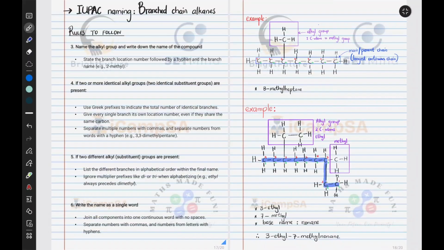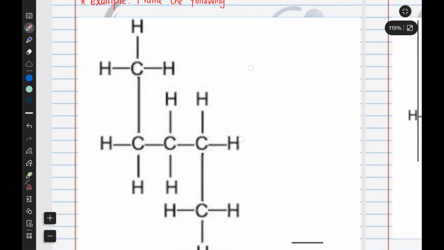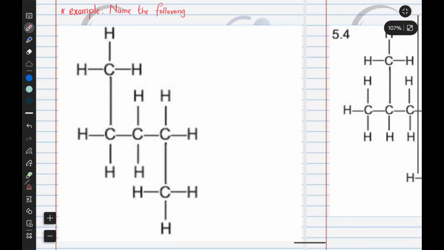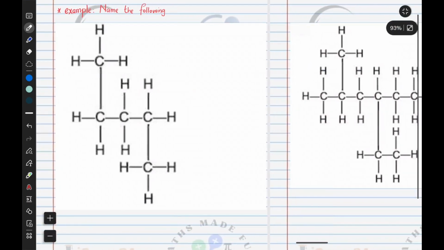All right, so we will be naming the following alkanes. All right, so we'll be using the rules we've been using since. So first of all, let's start with this one. We want to identify the longest continuous carbon chain.